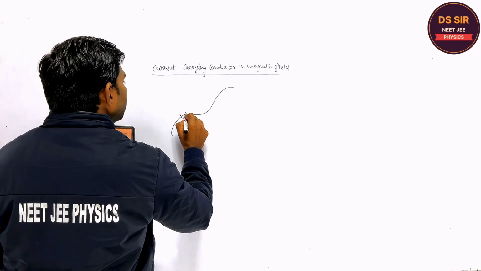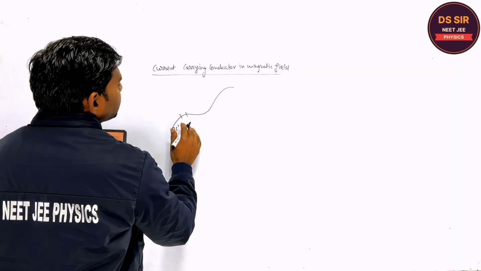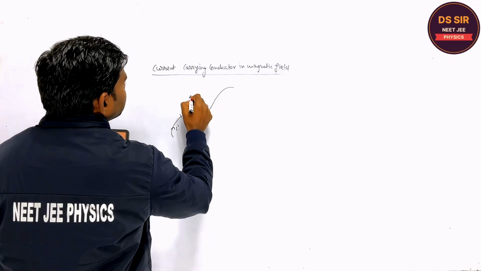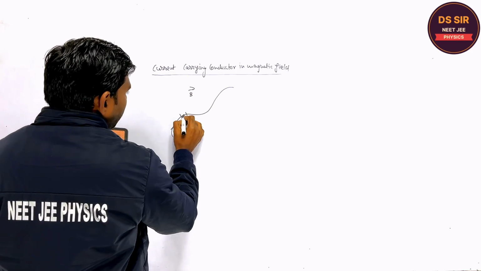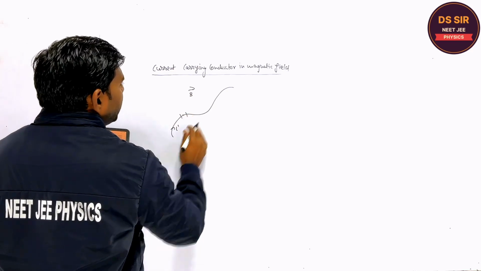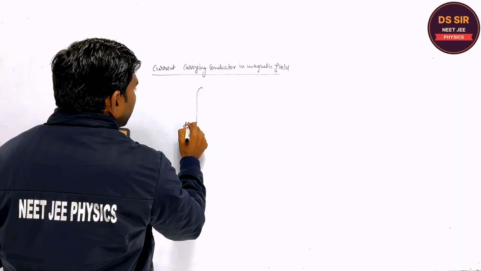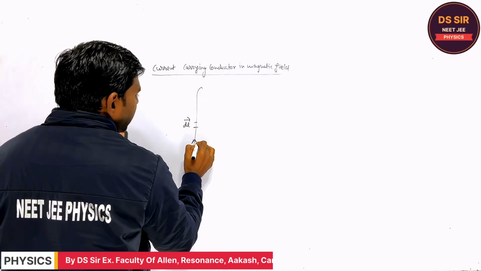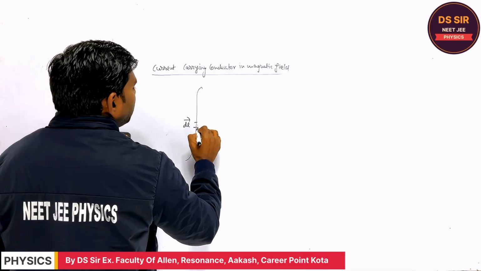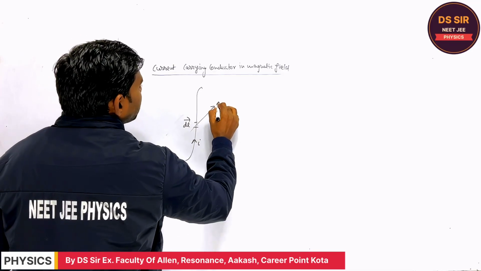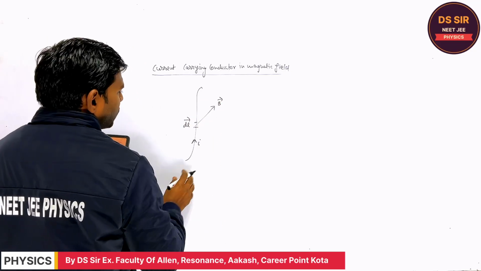If you consider the current is I over here, and it is placed in a magnetic field B. The element, you can consider this is the current carrying conductor, and the elemental length is L, this is the I, and the magnetic field B is present over here, at some angle theta, you can say.